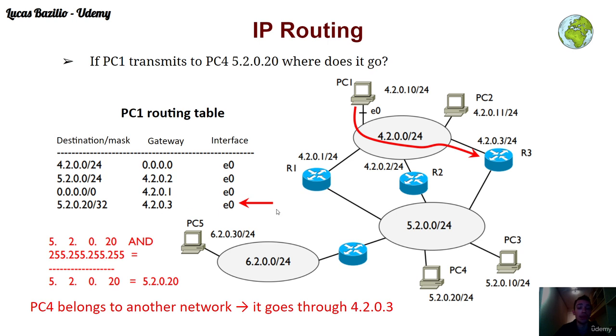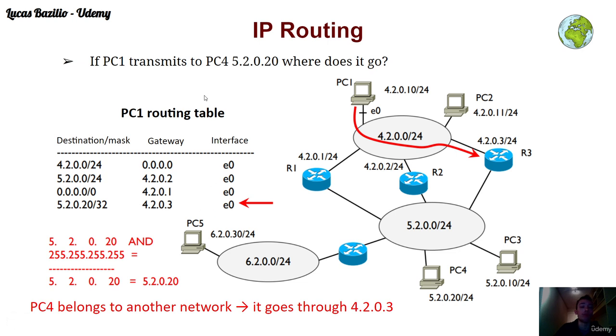So that is why if I want to go to PC4, I will not go through the router R2. I will go to the router R3 in this case. The reason for this is because I have in my routing table precisely PC4. And following PC4, we can see that we have this gateway, 4203.